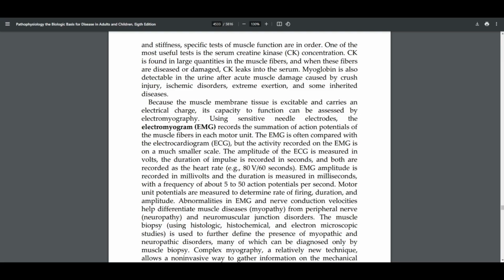CK is found in large quantities in muscle fibers, and when these fibers are diseased or damaged, CK leaks into the serum. Myoglobin is also detectable in the urine after acute muscle damage caused by crush injuries, ischemic disorders, extreme exertion, and some inherited diseases.